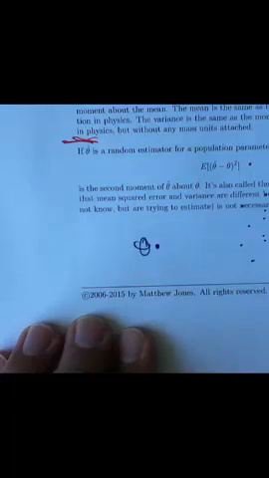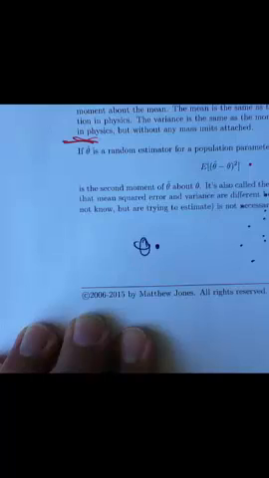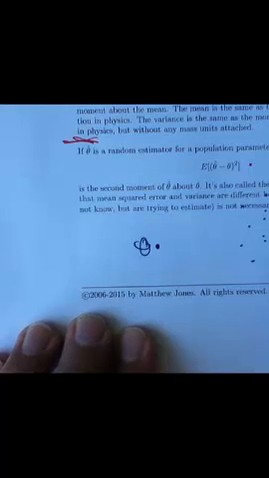Well then, this estimator theta hat has an average. In this picture, it looks like it should be right there in the middle. Remember, the average of a random quantity is the center of mass of the thing. So that's probably the expected value of theta hat.